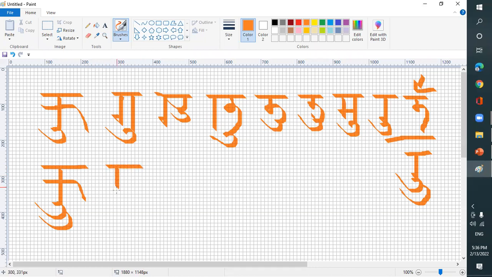Then gu, as I showed you here. Gu. Try to avoid touching here, but it is fine. This is understood. Nothing will be wrong even if you touch it, because we know what we are doing here.